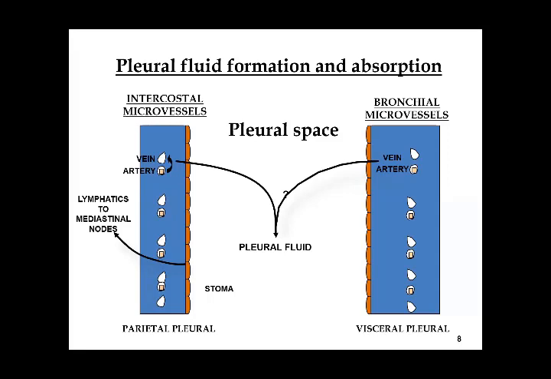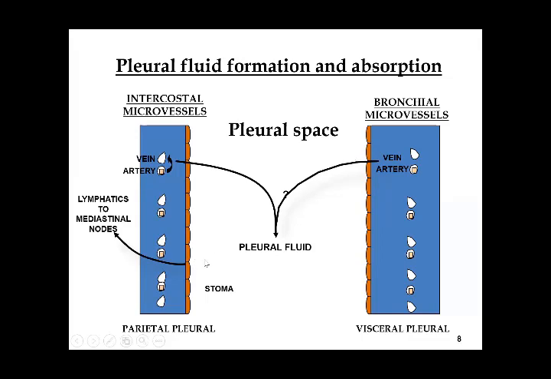So normal pleural fluid formation and absorption: if you see, it is a longitudinal section of the pleural cavity. On one side there is the parietal pleura, and on the other side there is the visceral pleura. There are multiple arteries present inside the lining of the pleural cavity.